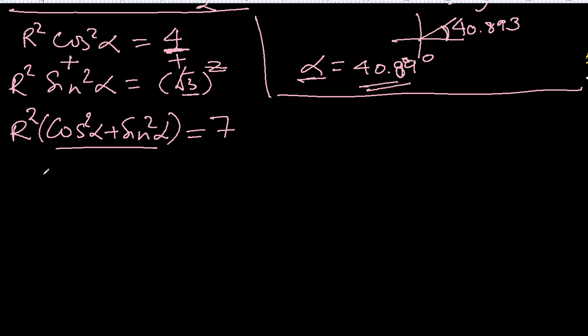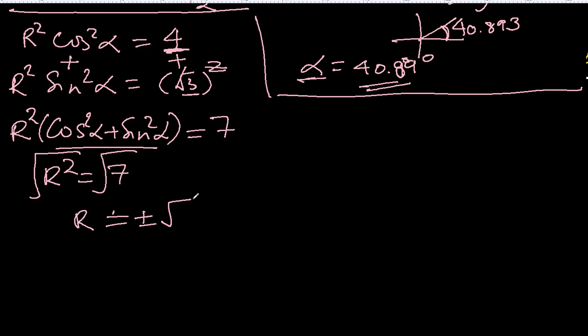Cos square alpha plus sine square alpha is 1, so no need to write that anymore. R square is 7, square root both sides. R is equal to positive or negative square root 7. But remember, they've said R is a positive number. That means we cannot use the negative one. R is square root 7 only.